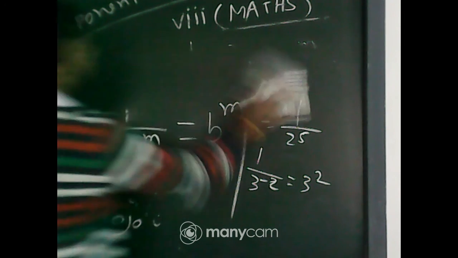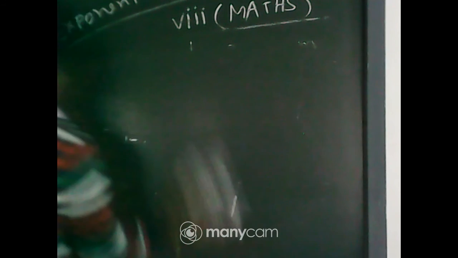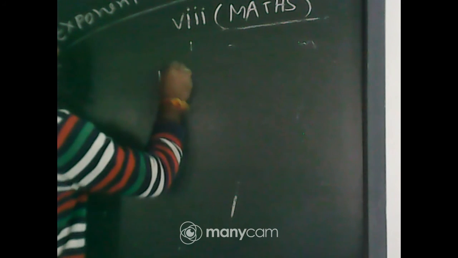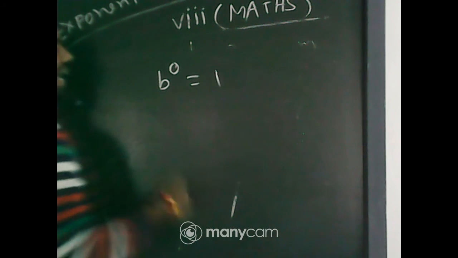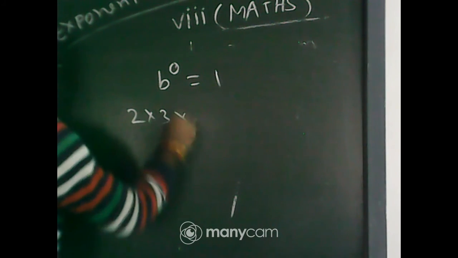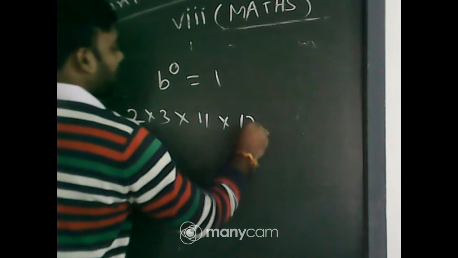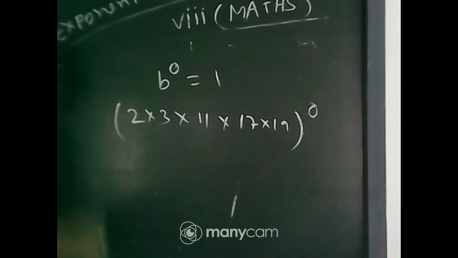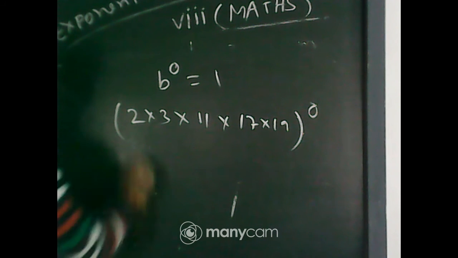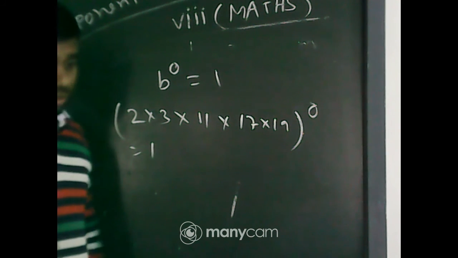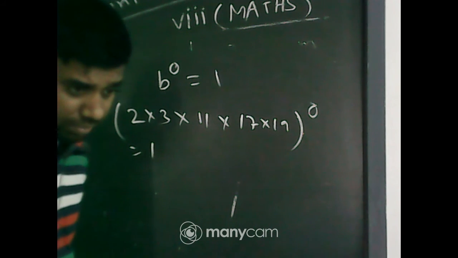And something to the power 0, where that something is not equal to 0, that is equal to 1. b to the power 0 equal to 1. Anything to the power 0, like 2 into 3 into 11 into 17 into 19 whole to the power 0, what will be the value of that expression? It's easy calculation, that equal to 1. Okay, got it everyone?